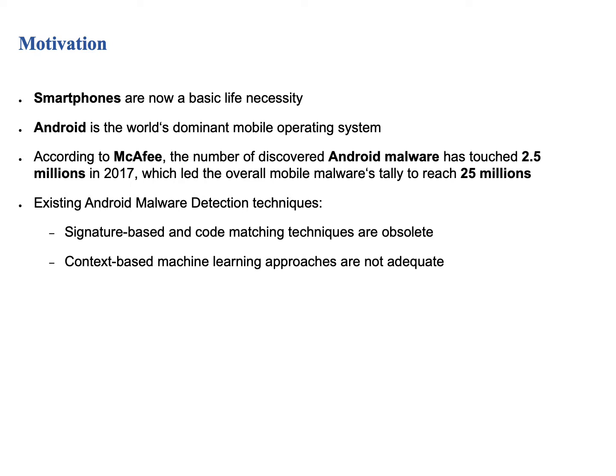Both of them have advantages and disadvantages. Many industrial products use the signature-based way, and recently, in order to detect the many different variants of famous Android malware, we also use the machine learning-based way.